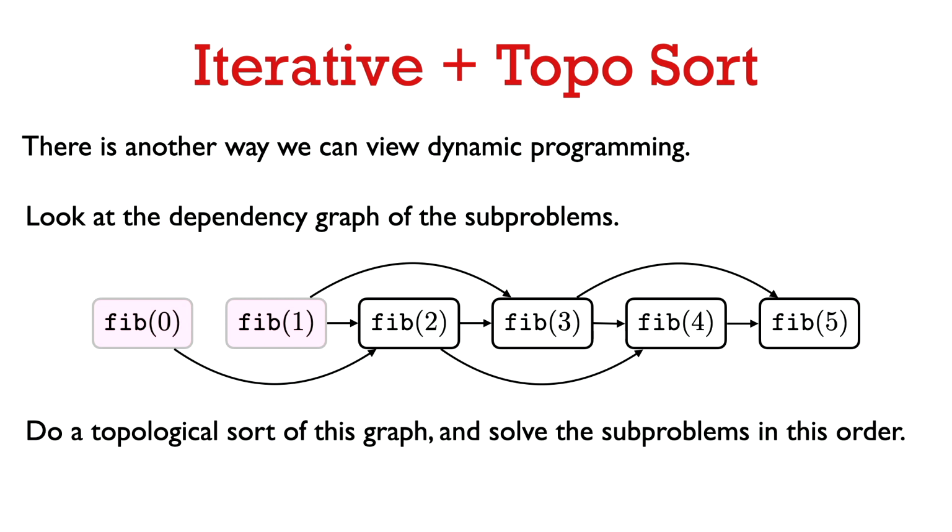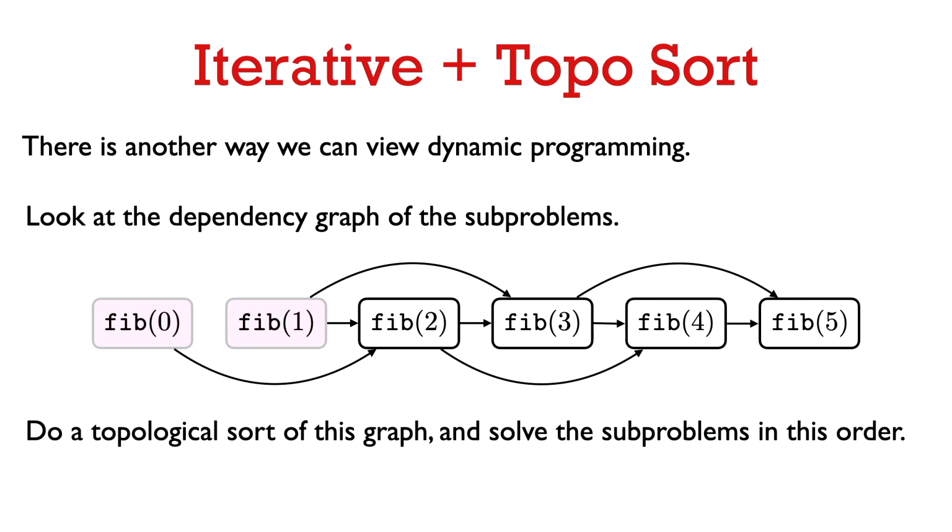The way you view dynamic programming in this way is you look at your subproblems and write them out and look at the dependency graph between them. You look at which subproblems you need to solve first so that you can then use their answers to solve your other subproblems. For example, in the case of the Fibonacci numbers, the dependency graph of the subproblems looks as follows.